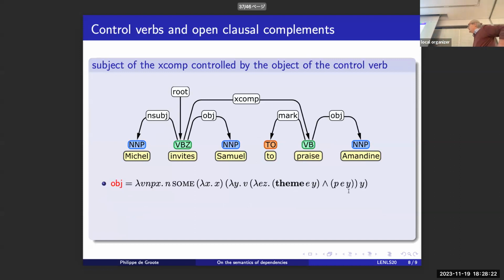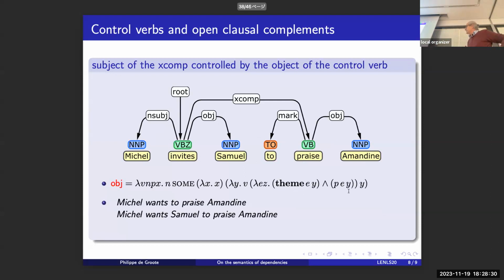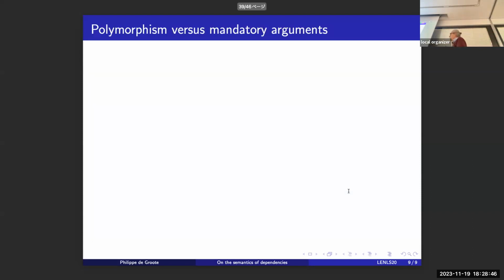In which case, it's the object relation that is to be changed to do the job. And it's even worse because you have a verb that is going to do one thing or the other according to the fact that it has an object or not. Like in this example, Michel wants to praise someone, or Michel wants someone to praise.